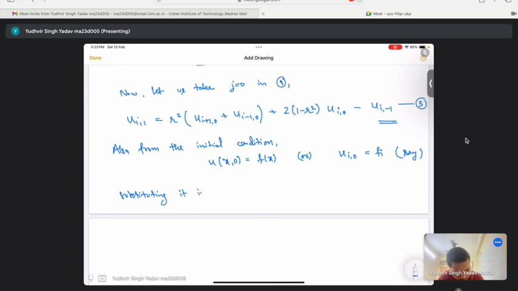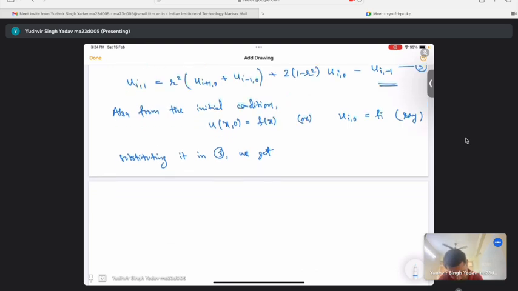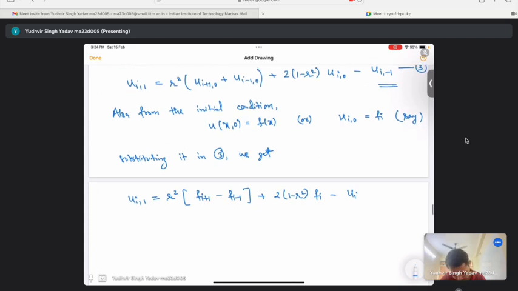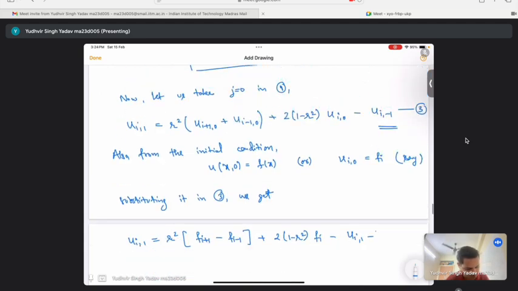We will get u i,1 equals r square f i plus 1 minus f i minus 1, plus twice of 1 minus r square f i minus u i,1 minus twice of k g i.